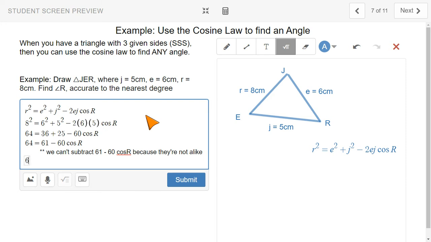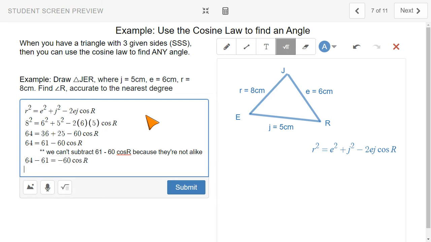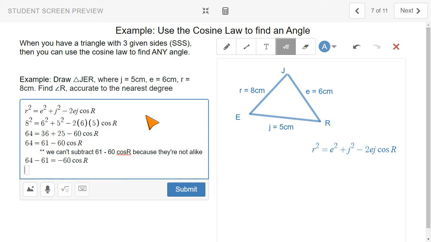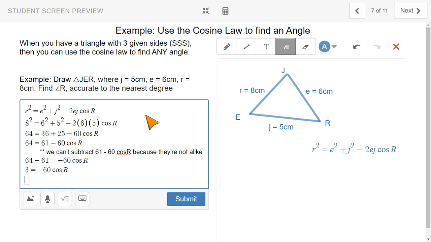Instead, we're going to rearrange it. So I have 64 minus 61 is equal to negative 60 cosine R. 3 is equal to negative 60 cosine R.